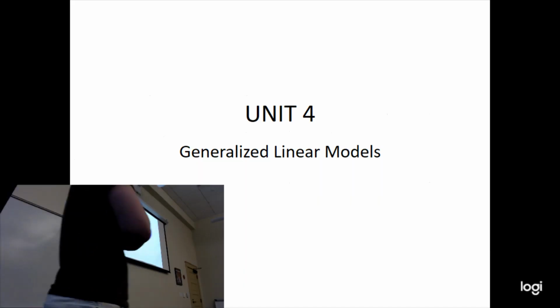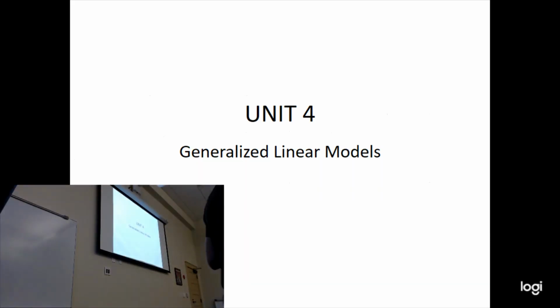All right, so we've got our last day on the generalized linear model. There was one specific issue that I didn't have time for on Monday. So we're still going to be working with dichotomous outcomes. We've been going with this running example of trying to understand graduate student admissions.